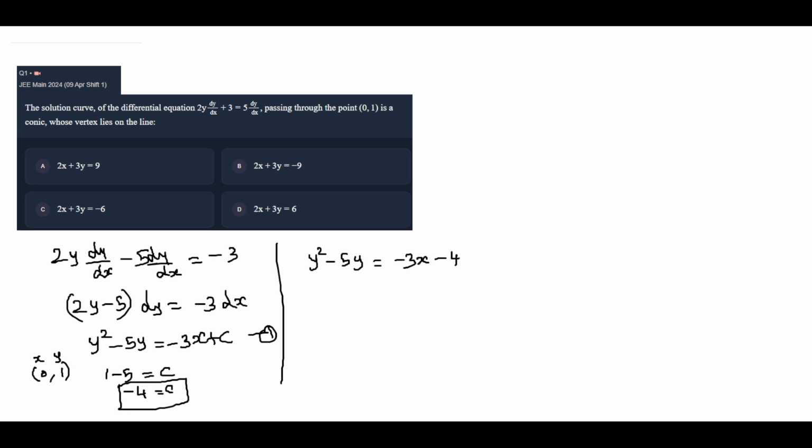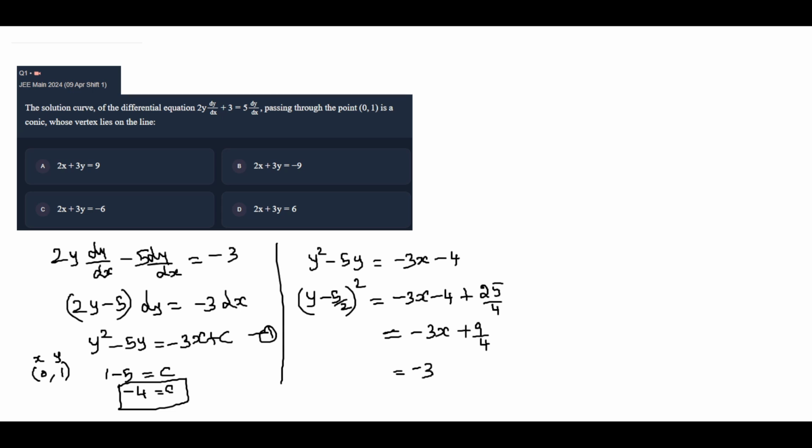Now completing the square, it will be (y minus 5 by 2) whole square. Just consider minus 3x minus 4. Here we are adding b square, so you have to subtract b square if you change sides, plus b square, that is 25 by 4, which is equal to minus 3x minus 16 plus 25, that is plus 9 by 4.